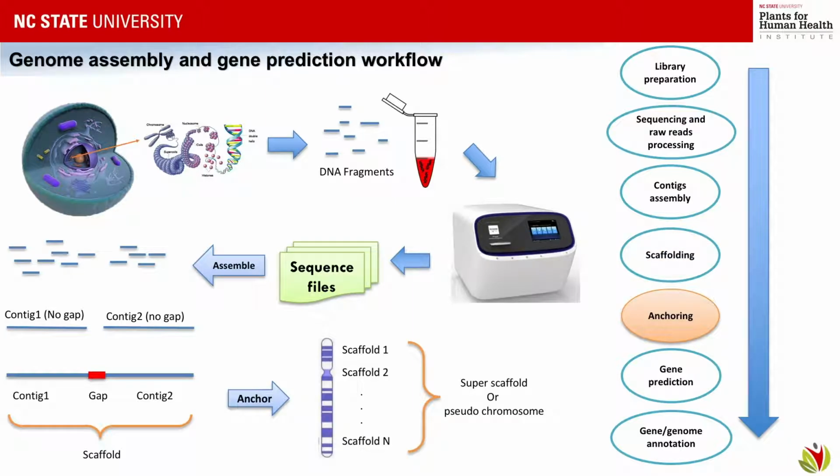These scaffolds later we use other means like genetic maps or other sequencing technologies, and we try to anchor them into the chromosomes. Genetic maps, I'm not going to explain how they are developed, it requires a complete session, but simplified, there are different markers across each chromosome, like labels, and they point to some positions in the chromosome.